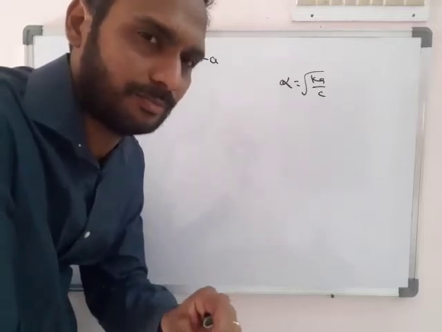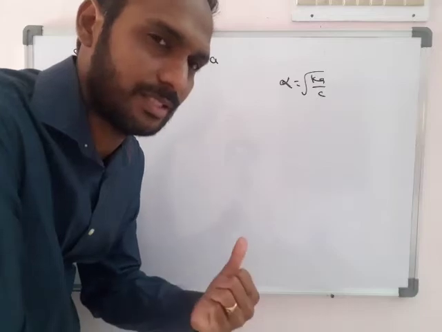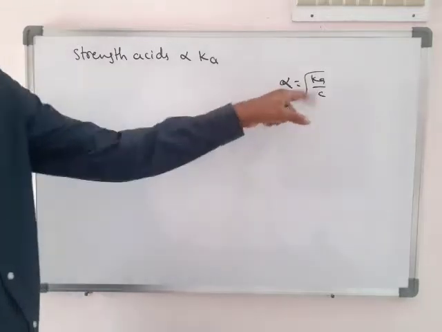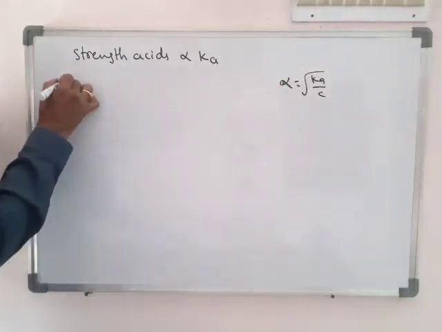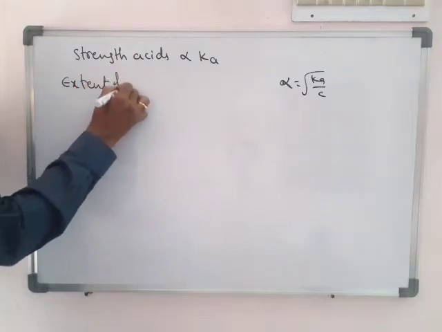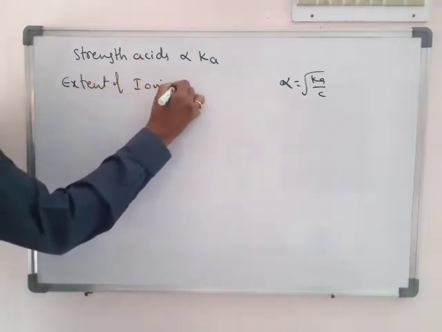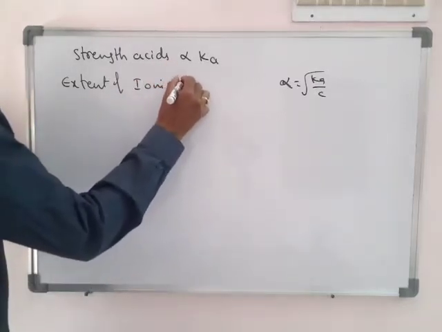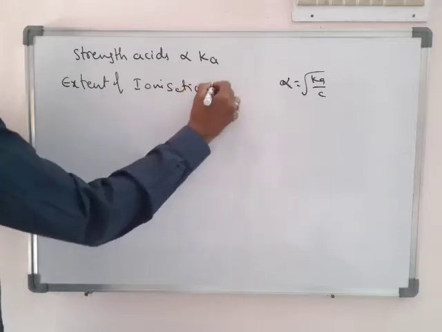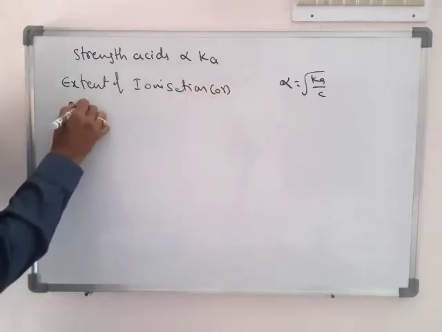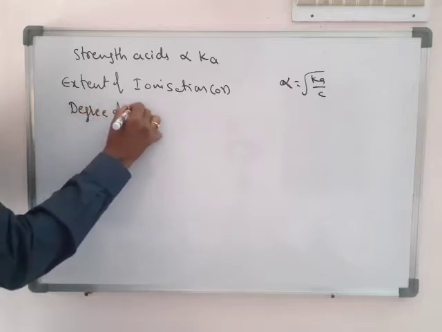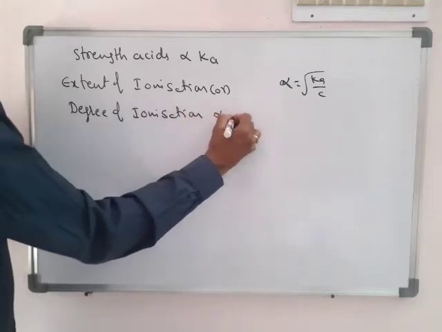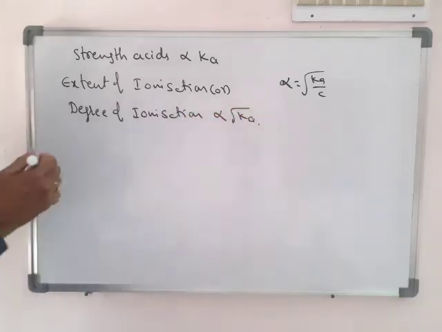So the degree of ionization, or extent of ionization, or we can write it as a percentage, is directly proportional to root Ka. Both are similar concepts.